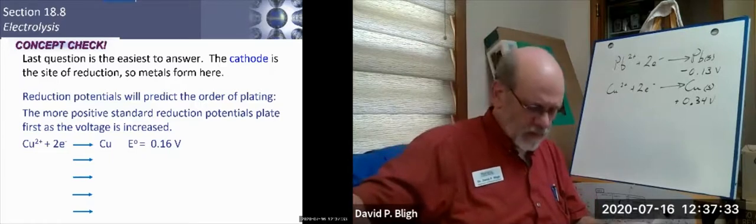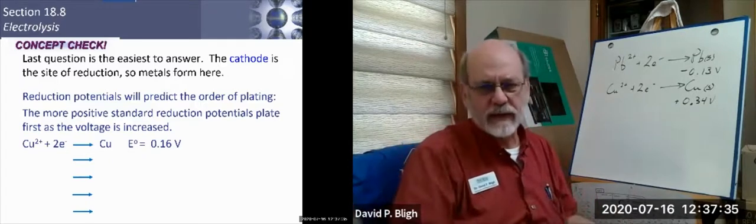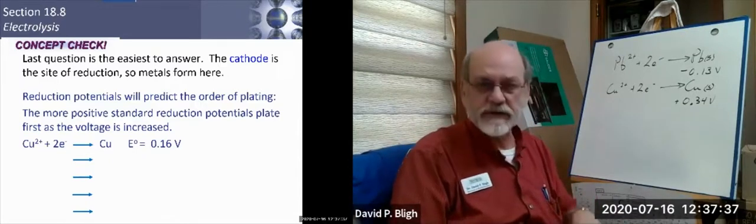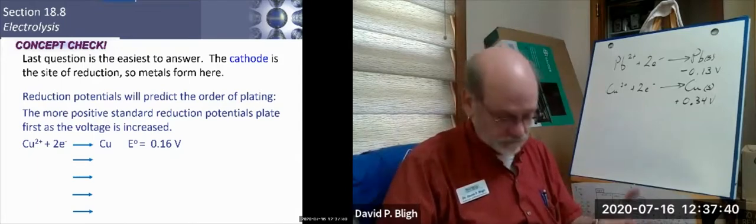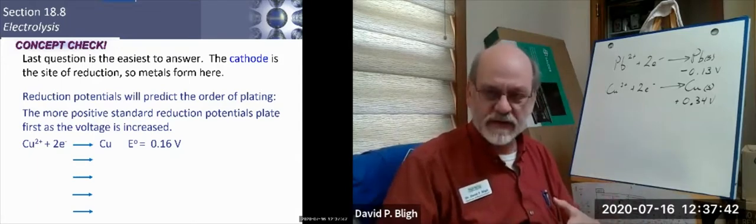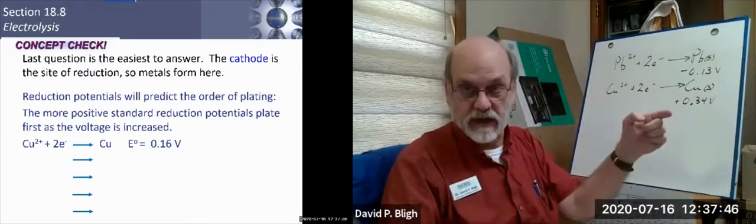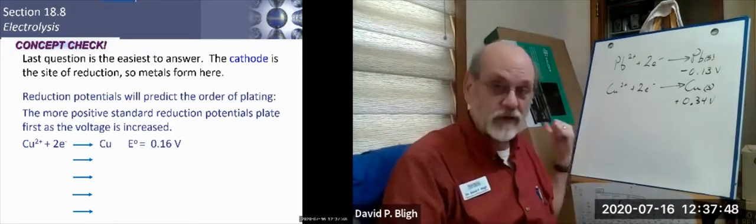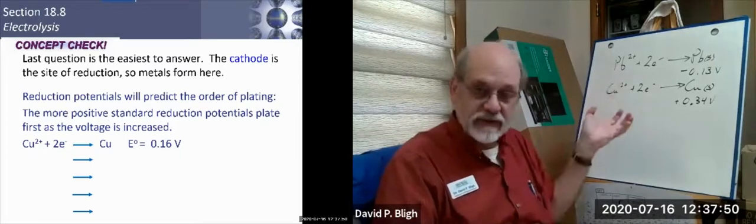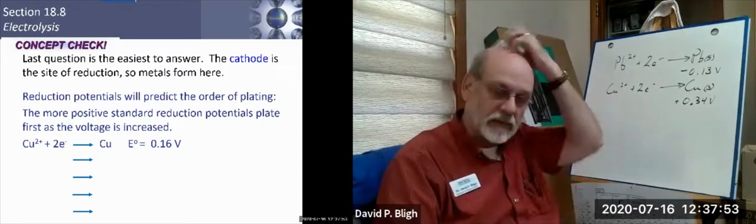The most positive one will be the first one to plate out, because it's the more spontaneous reaction. And the more negative it gets, the less spontaneous it is in this direction. Negative means it wants to go the other direction, because if you flip it, then it becomes positive.